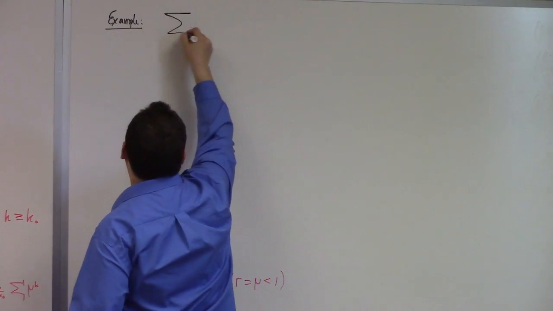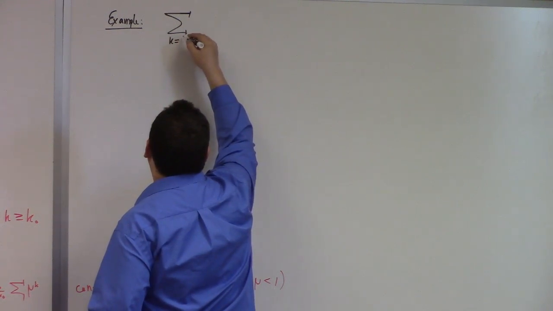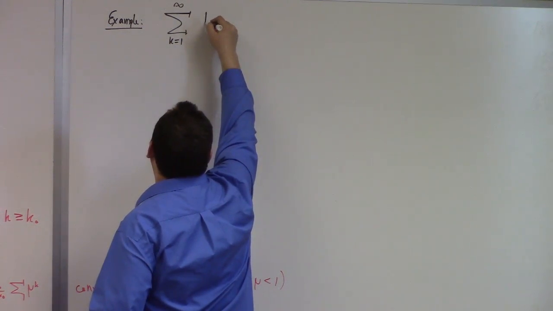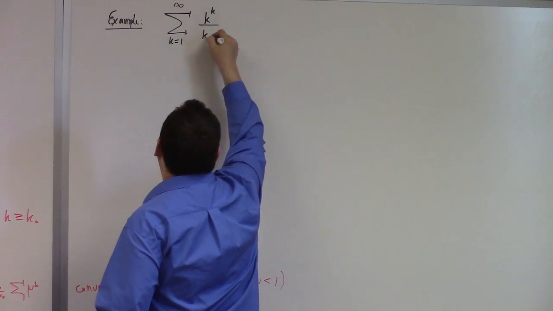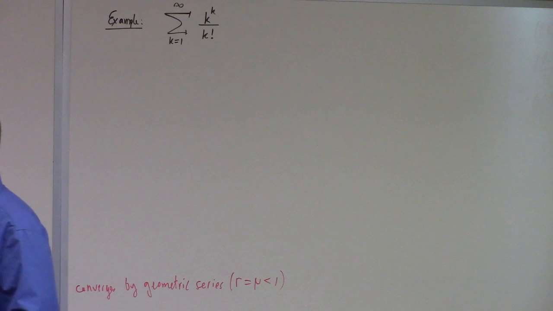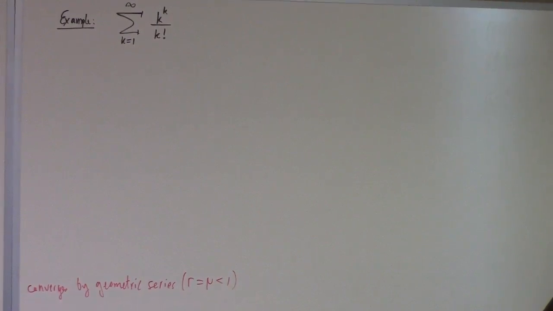Sum, say k equals 1 to infinity of k to the k over k factorial. I don't want to take the kth root of k factorial. So this seems like a good job.